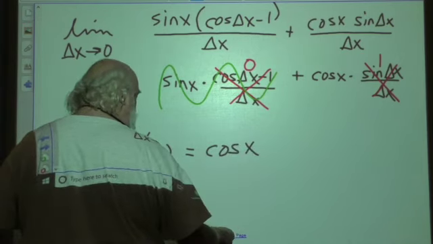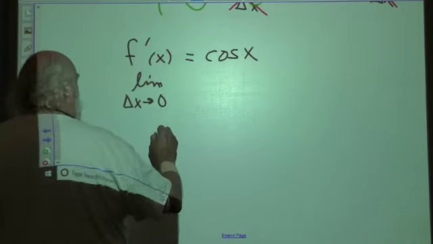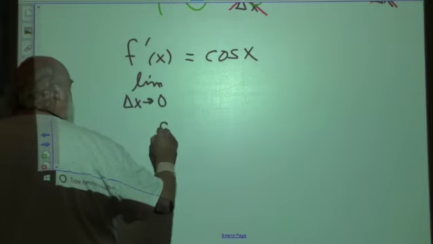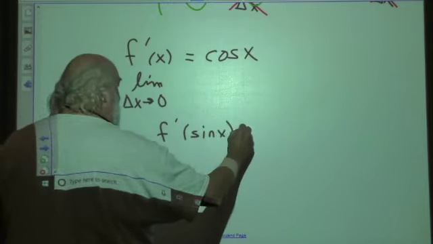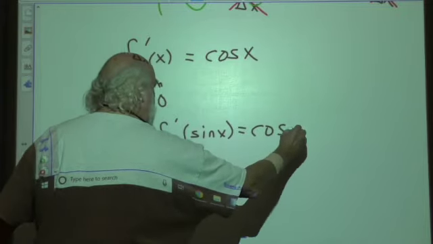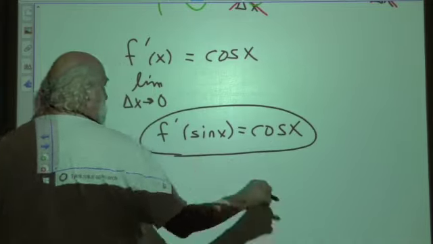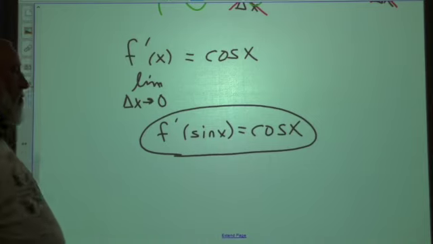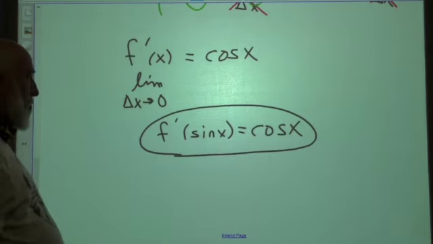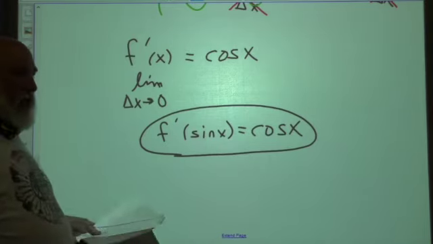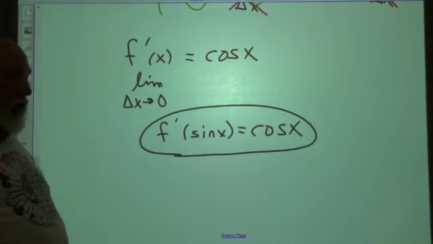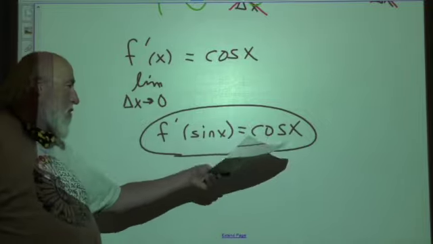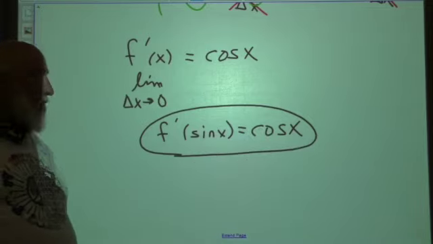So what we're saying is that the derivative of the sine of x equals cosine x. Whenever we find a derivative involving sine of x, we just change it over to cosine x as its slope. So the slope at that particular point of x is going to be whatever the cosine of x is.